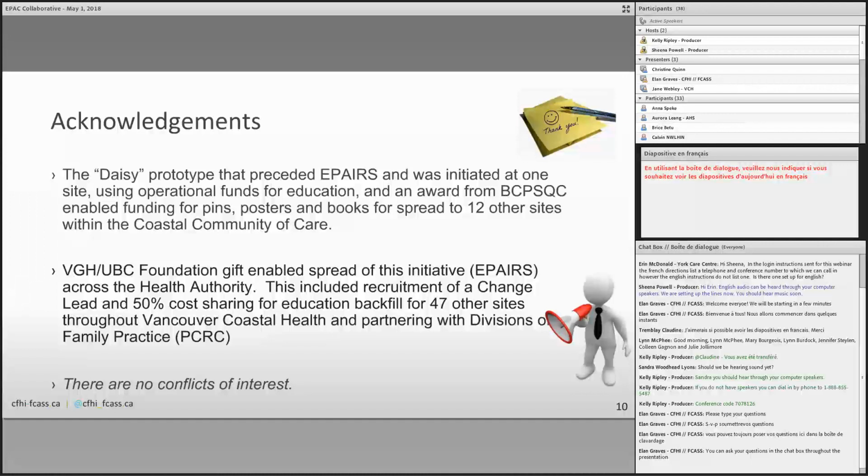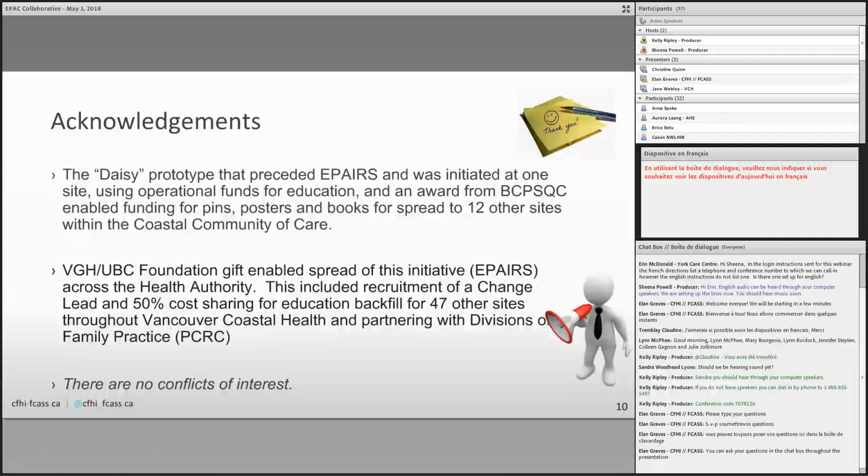The DAISY prototype that preceded EPAC was initiated at one site. Initially, we had tried to implement it at a site back in 2010 with some help from a colleague manager of Evergreen House on the North Shore.